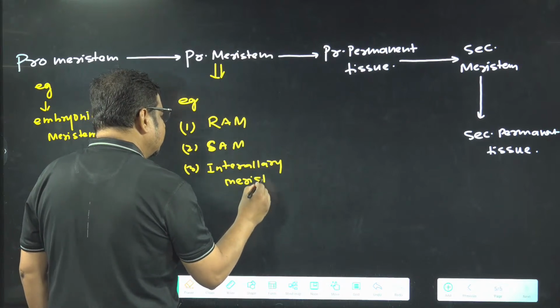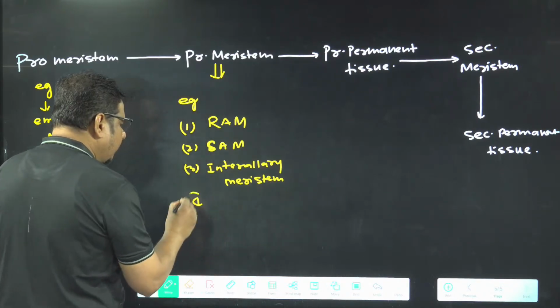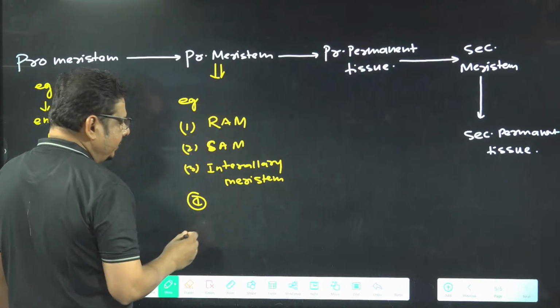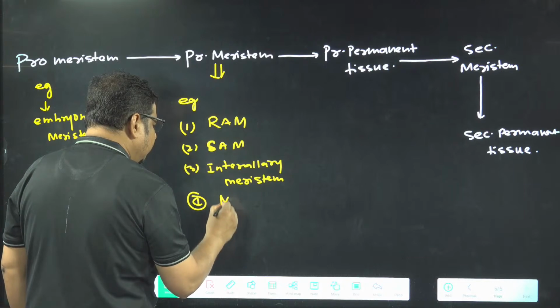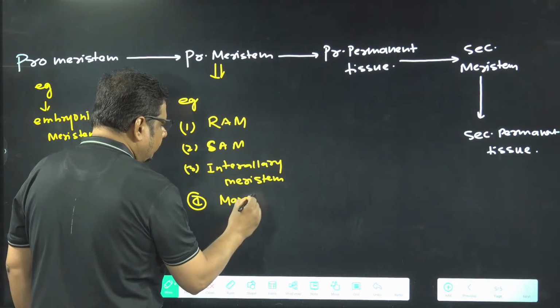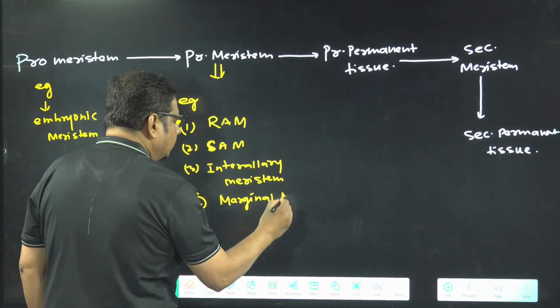Fourth example of the primary meristem is marginal meristem.